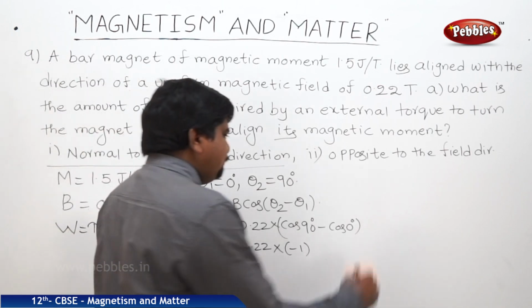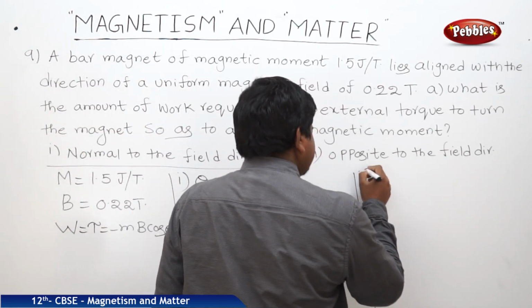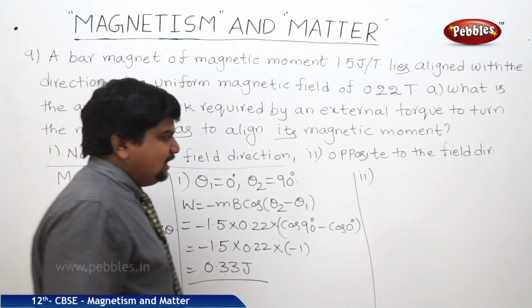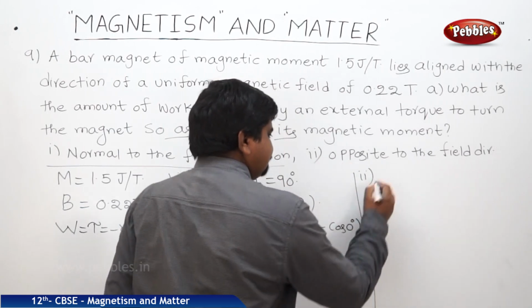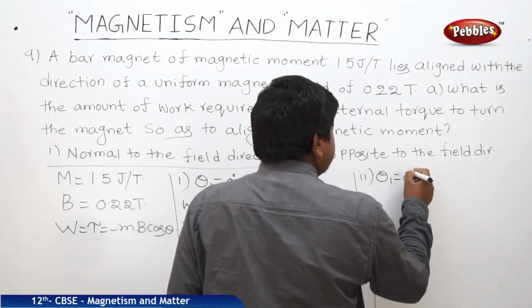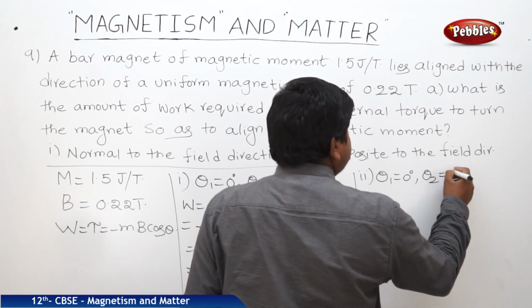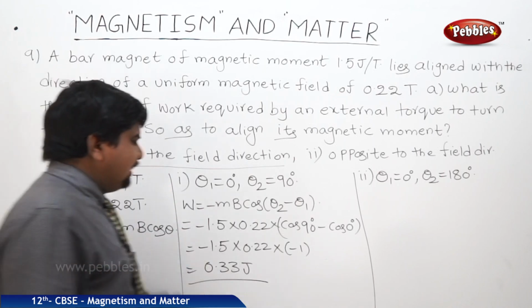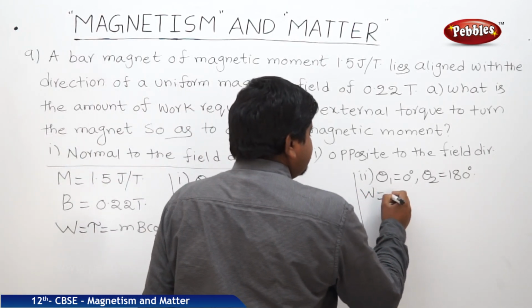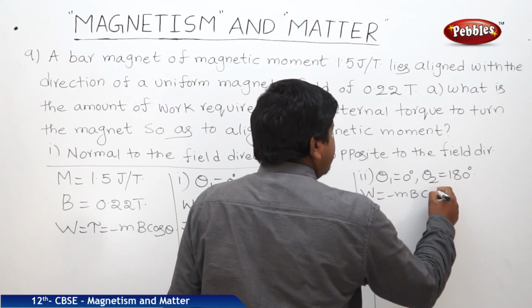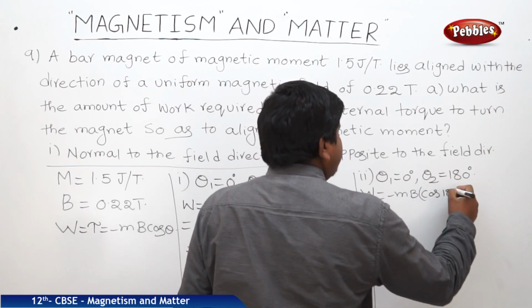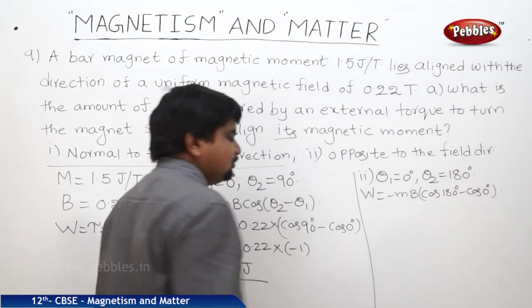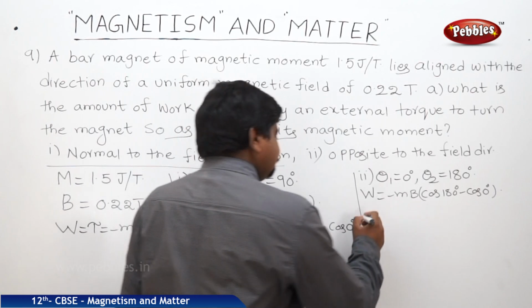What is the second part? Opposite to the field direction. Opposite to the field direction means theta 1 is 0 only, but theta 2 is 180 degrees, because it is exactly opposite in the phase. So again, work done is equal to minus mB times (cos 180 degrees minus cos 0), theta 2 minus theta 1.